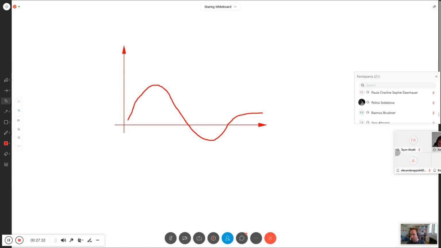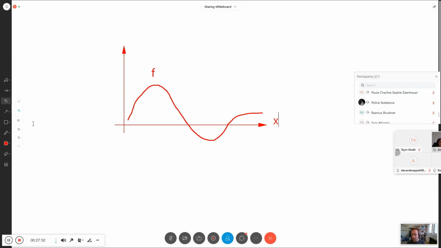So this is our function f, and we have our coordinate system x, and we try to find the minimum.